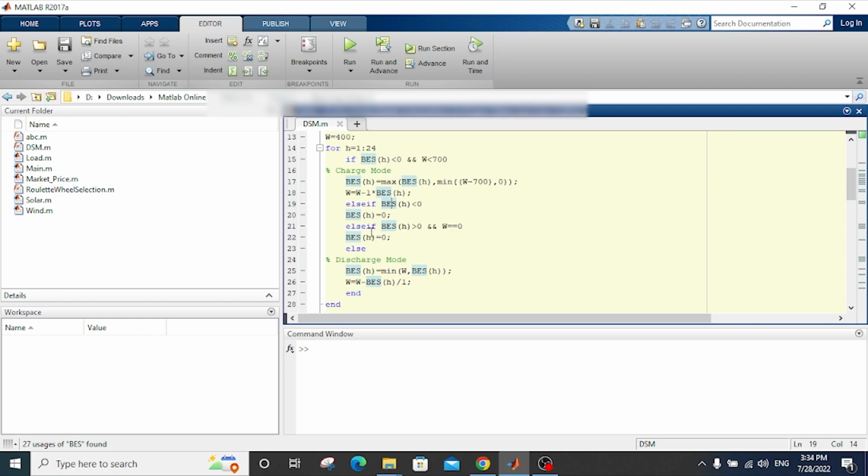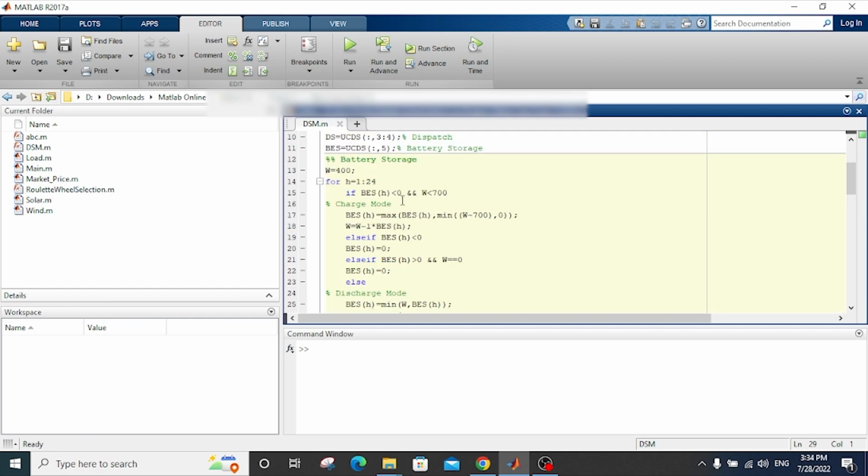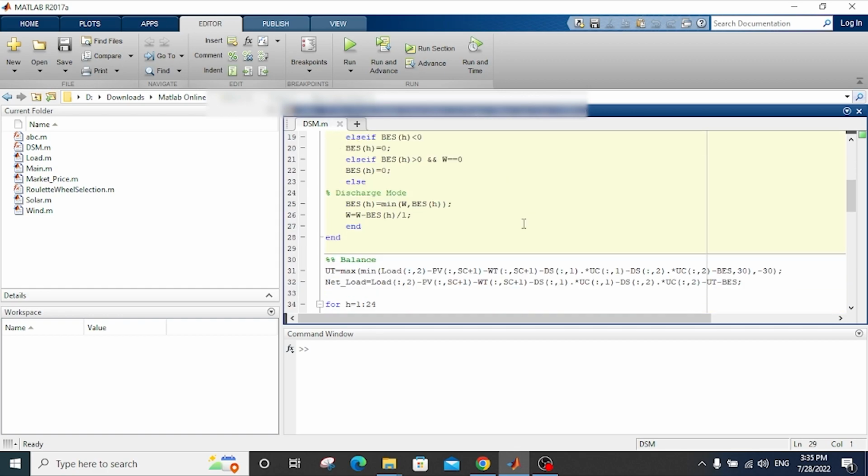The third case is also idle mode: if the battery storage is more than zero and the energy stored in the battery equals 0, we are in idle mode also. And if none of the three previous cases occur, we are in discharging mode. And this is the battery storage model and the applied constraint of the battery storage.